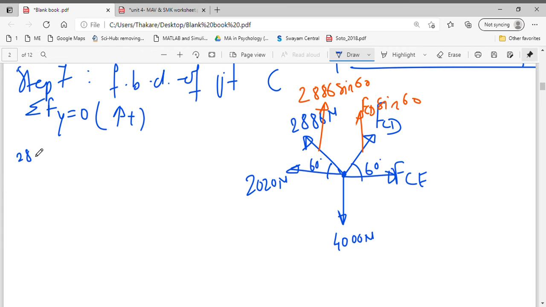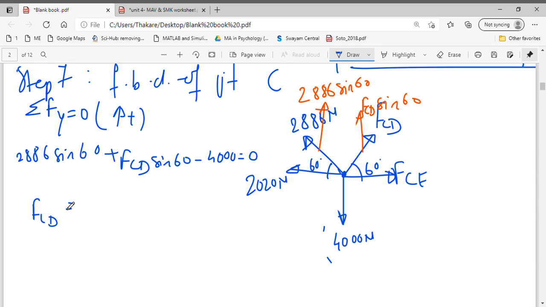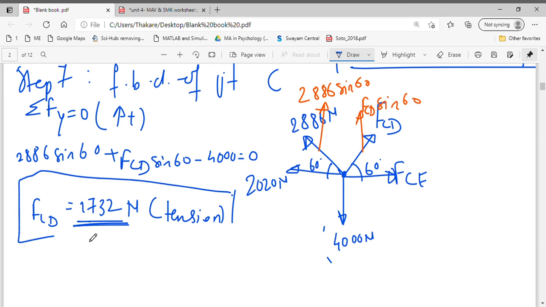We will have 2886 sine 60 plus FCD sine 60, and this 4000 is going in downward direction, so that is minus 4000 equals 0. Now on solving this equation, we get the value of FCD as 1732 newtons, and this value came out to be positive. That means the assumed direction is correct, and that means this is your tensile force. This is how we determined the value of FCD.